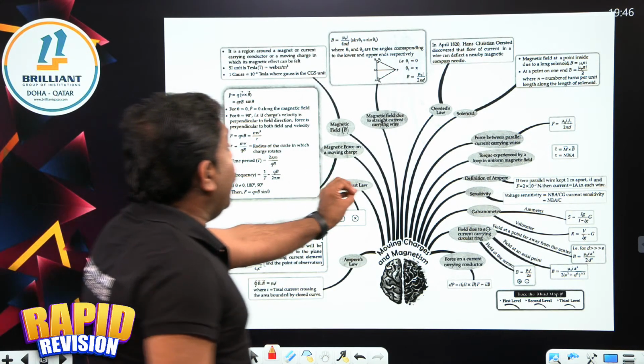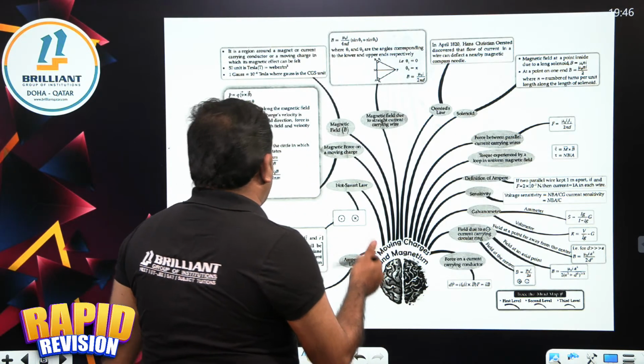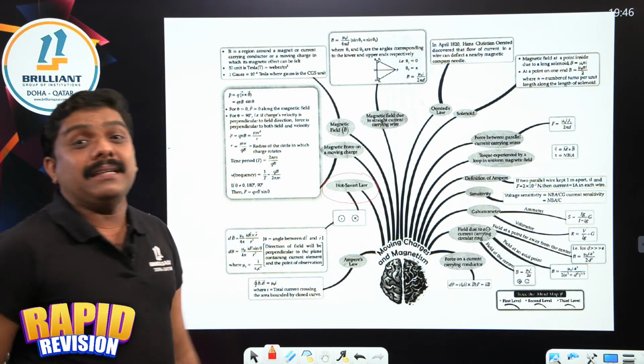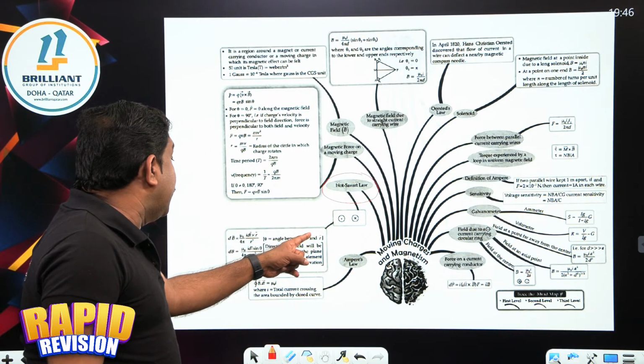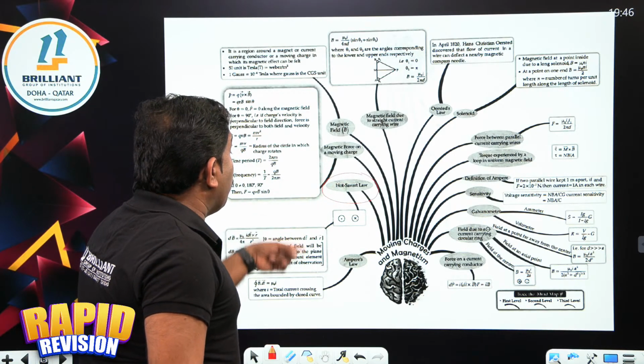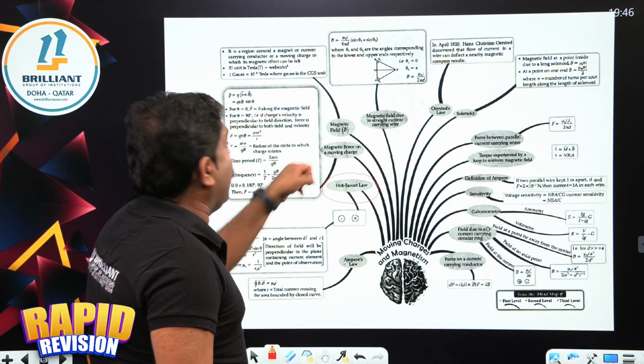The first important point, the backbone of this chapter, is Biot and Savart's law. The Biot and Savart's law statement is there, and we can apply it to find the magnetic field due to a circular loop.